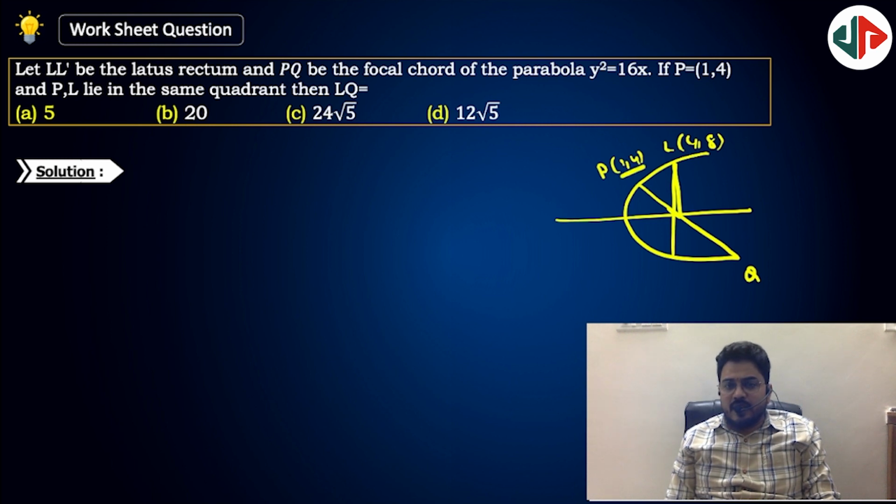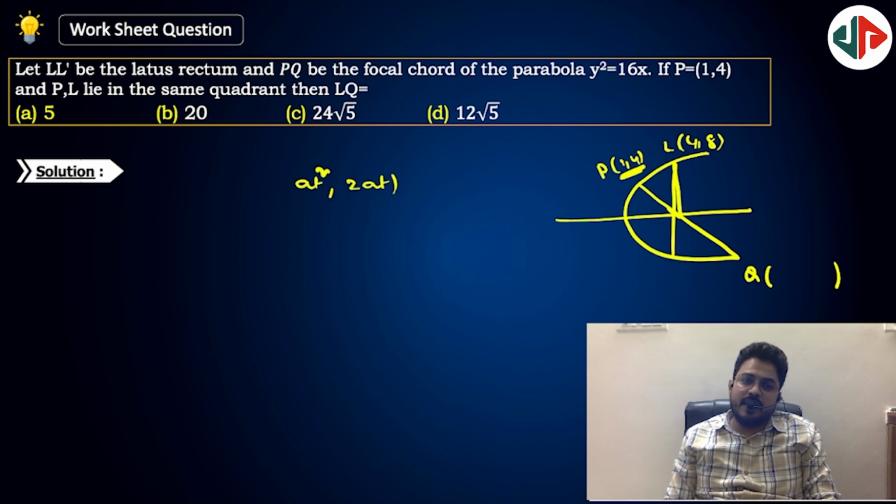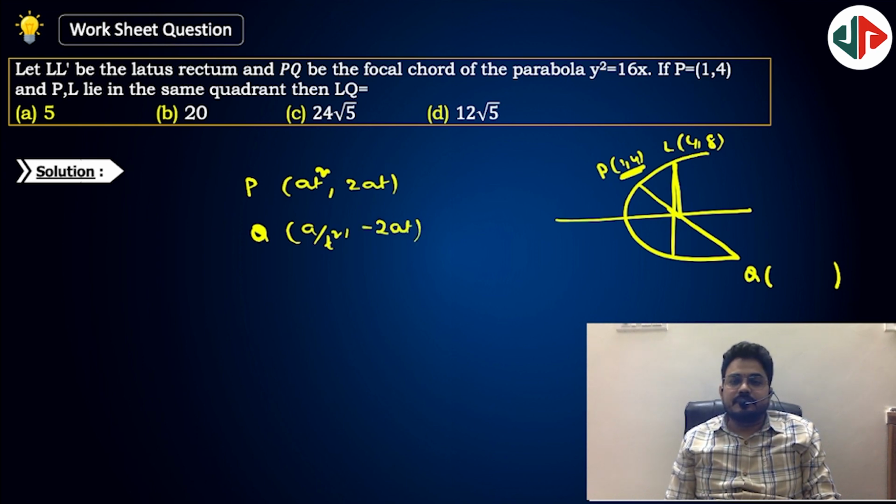So now this is 1 comma 4. If one end of the focal chord is P, at square comma 2at, then Q will be a by t square comma minus 2a by t. So a is equal to 4, which means t is equal to 1 by.